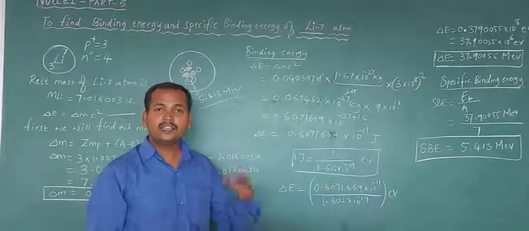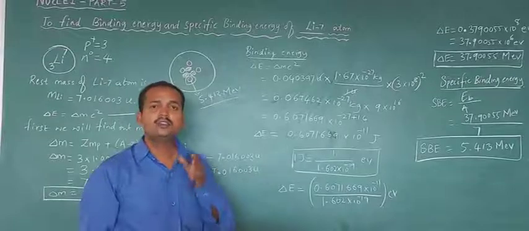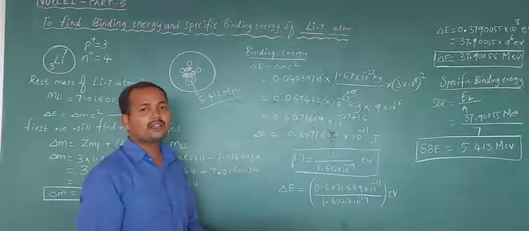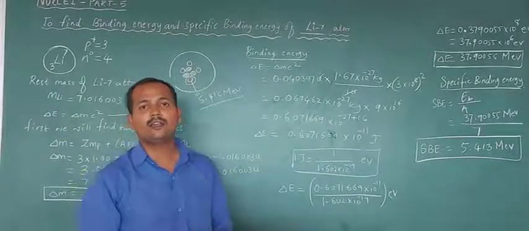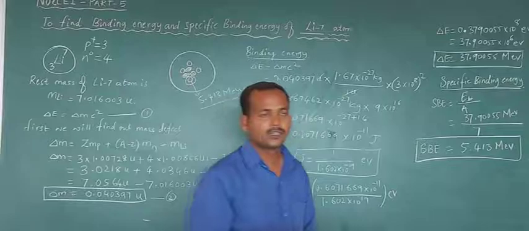That's why helium is more stable than the lithium atom. This is one advantage: the specific binding energy gives information about the stability of a nucleus. So please note down all this.